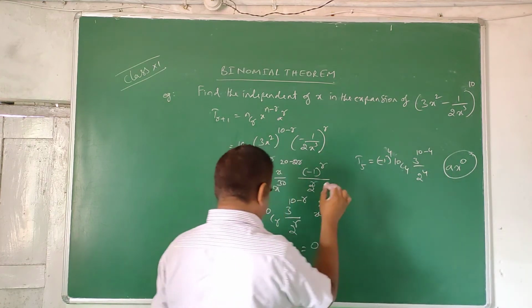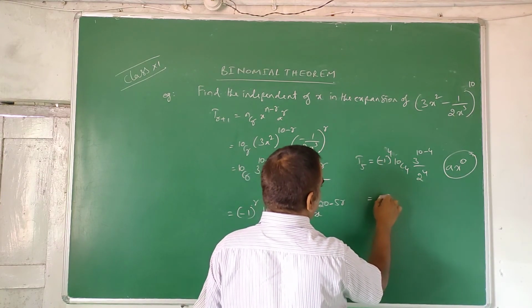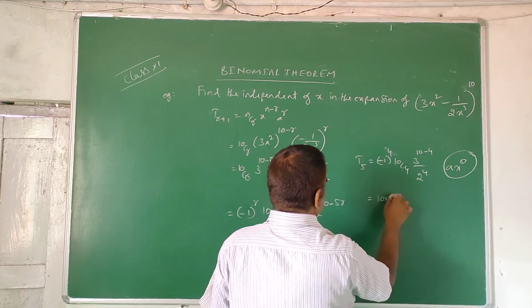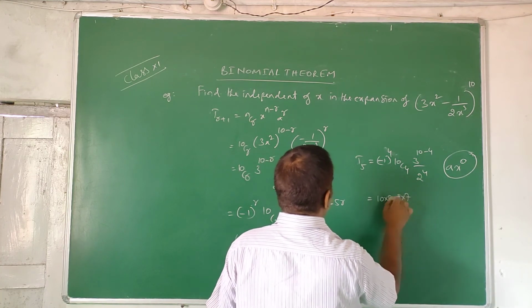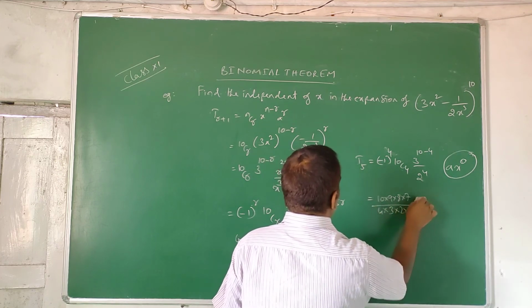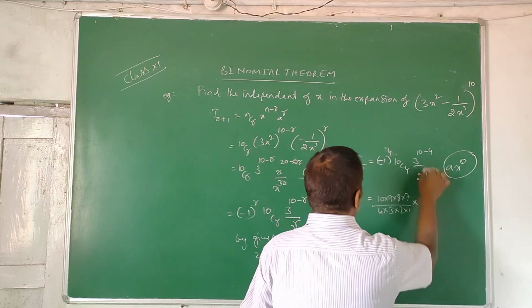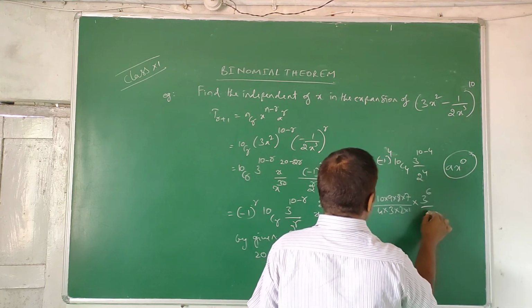Anyhow, this will become 0. Minus 1 whole power 4 gives you 1. 10C4 means 10 into 9 into 8 into 7 by 4 into 3 into 2 into 1 into 3 to the power of 10 minus 4 gives you 6 by 2 to the power of 4.